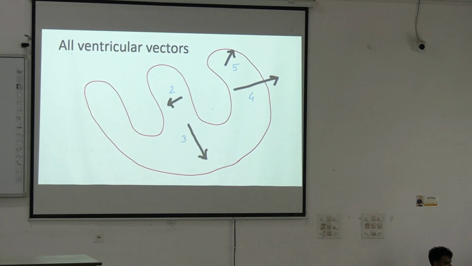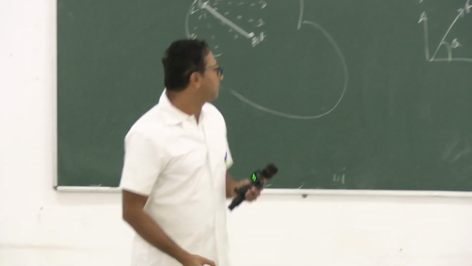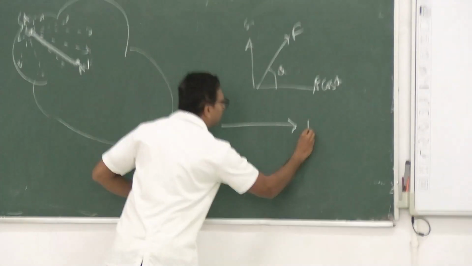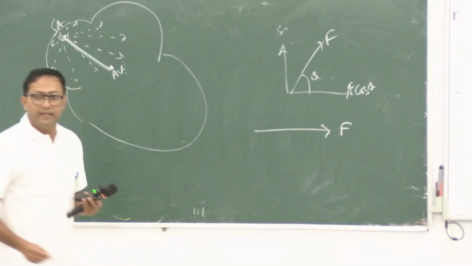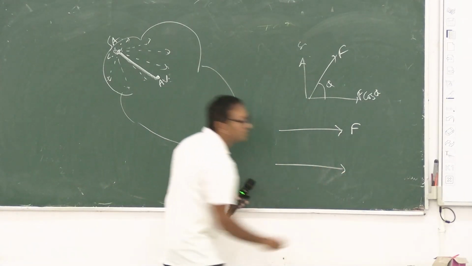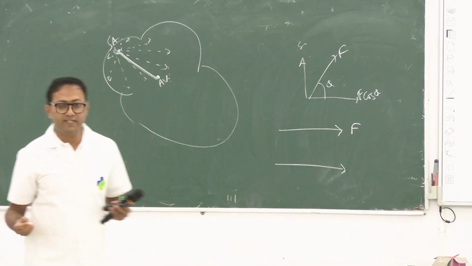Now there is another rule, which you know better than myself because you are coming from a physics chemistry background, right? If there is one vector F, you can shift it parallelly. I can draw this in this way as well. No change in direction, no change in magnitude, right?